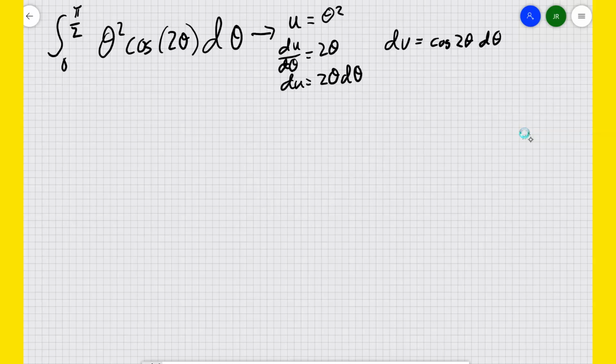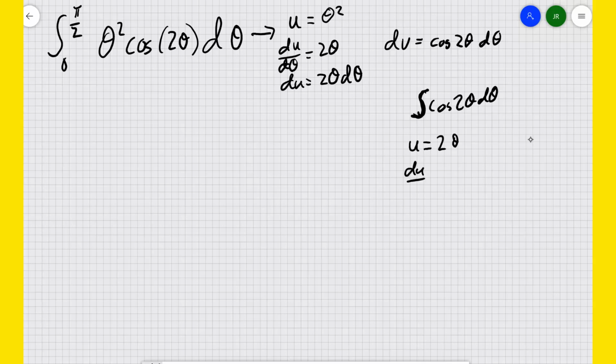Okay, so I've got my u, I've got my du. Now I've got my dv, I need my v. So it means I've got to integrate or anti-derive this to get v. So if I want to anti-derive cosine 2 theta d theta, I'm going to use a U substitution even here, with u being 2 theta.